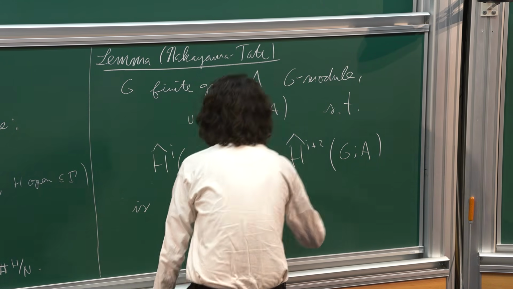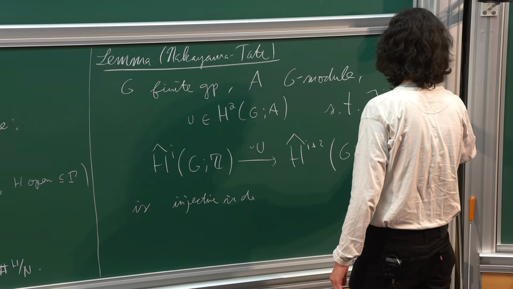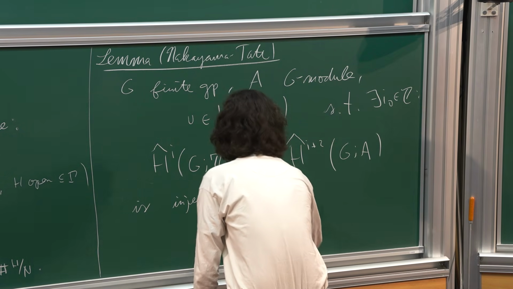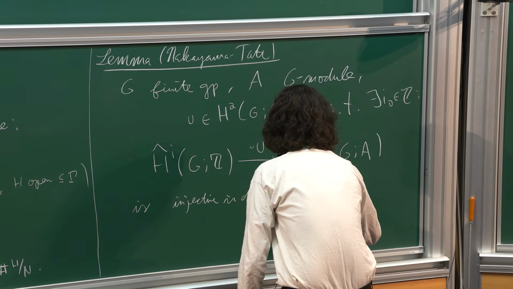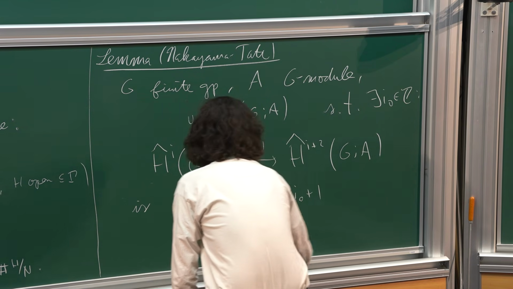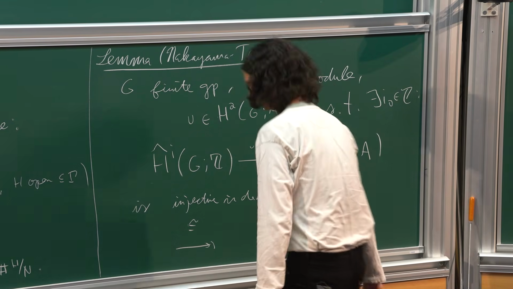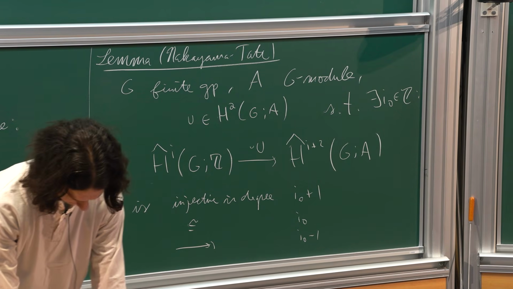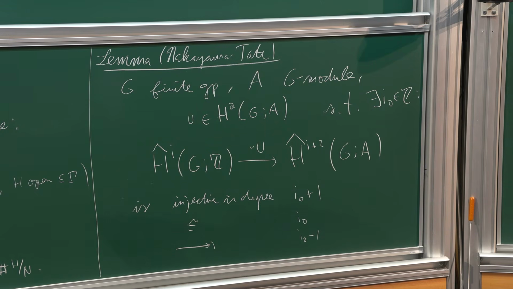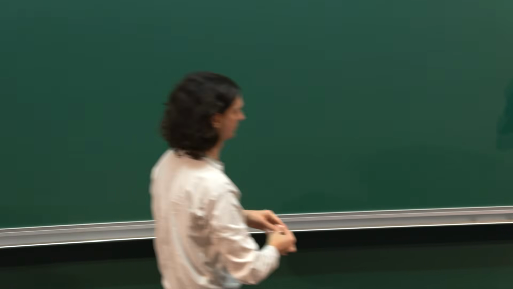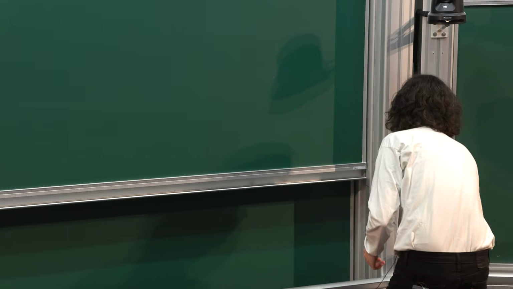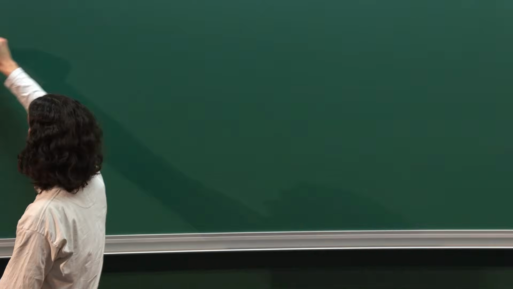in degree, such that there exists an i0 in Z for which this is injective in degree i0 plus 1, an isomorphism in degree i0, and surjective in degree i0 minus 1. Okay, that's the hypothesis. And the conclusion is, oh, sorry, we want to assume that not just for G, but also for all subgroups.